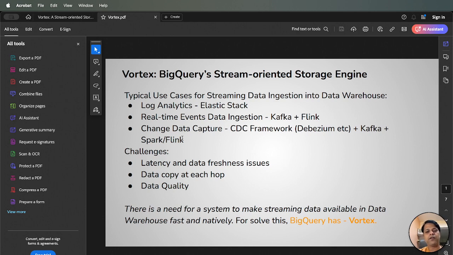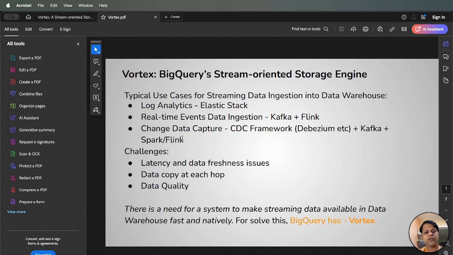Like Kafka hops, or then further processing using Flink or Spark, all that adds latency, along with data quality issues as well. Okay, so data duplication issues and all that merging of various database changes, inserts, updates, all of that will come up.